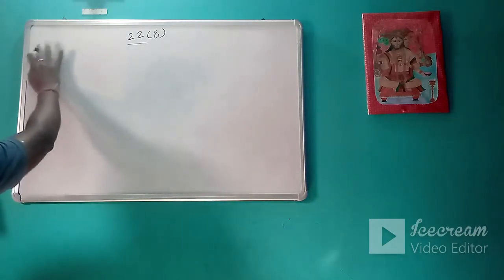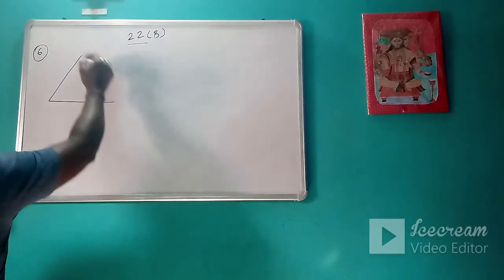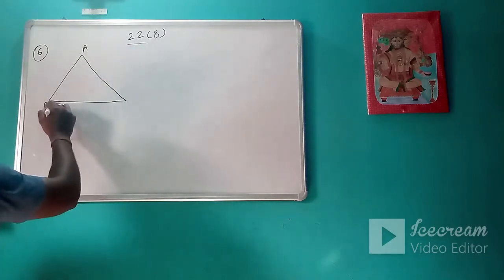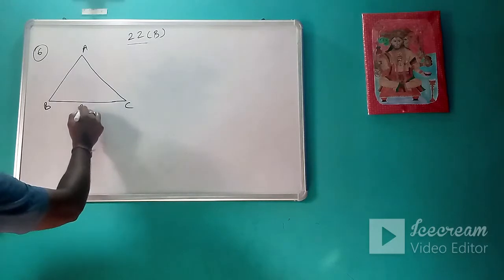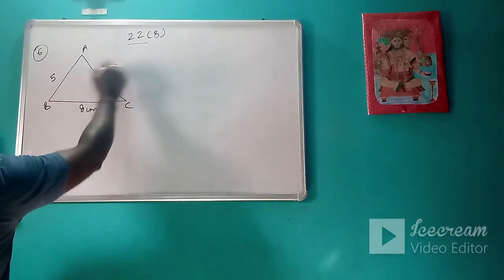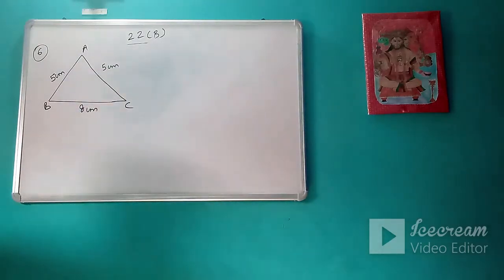Suppose a question is given like this. ABC is an isosceles triangle in which this side is 8 centimeter and the equal sides are 5 centimeter and 5 centimeter. Now in this we have to calculate the value of sine B, tan C, sine square B, like this.